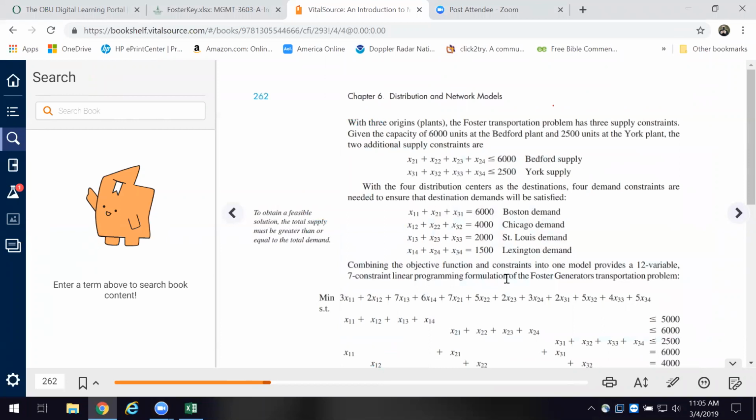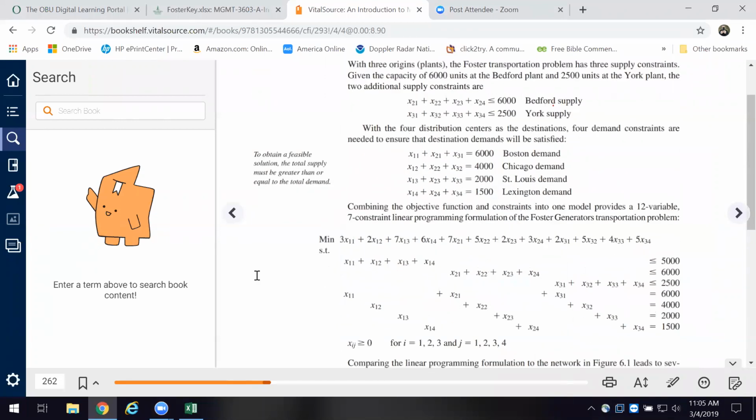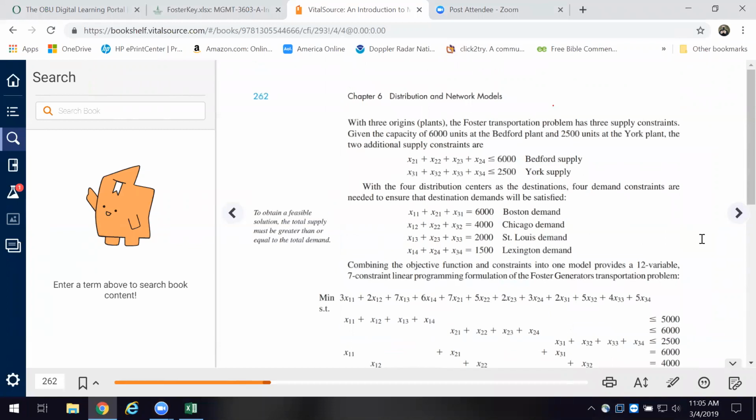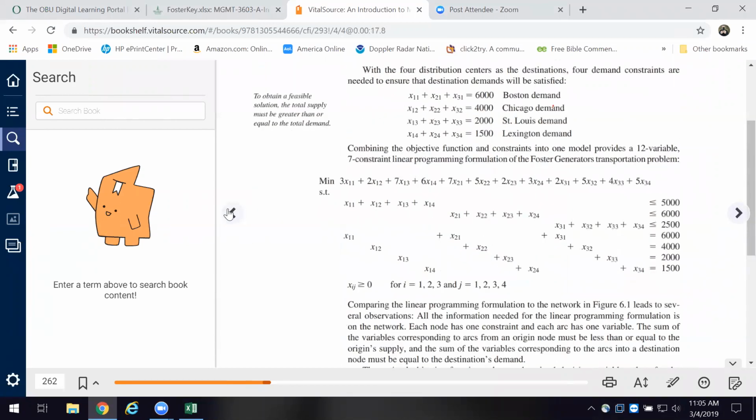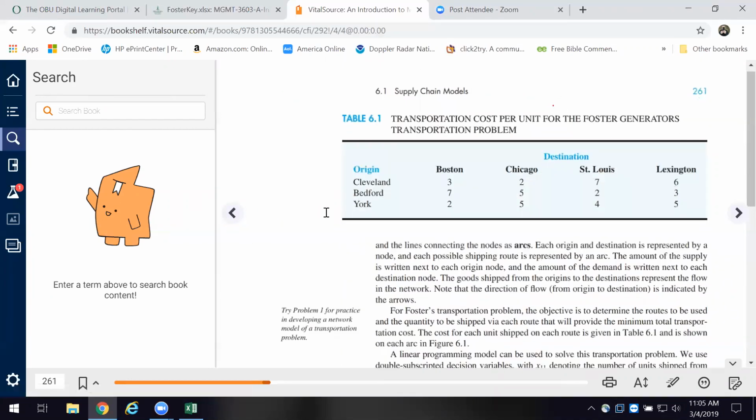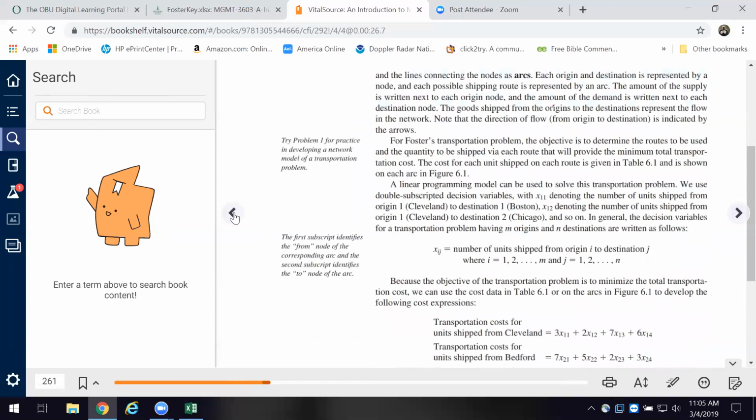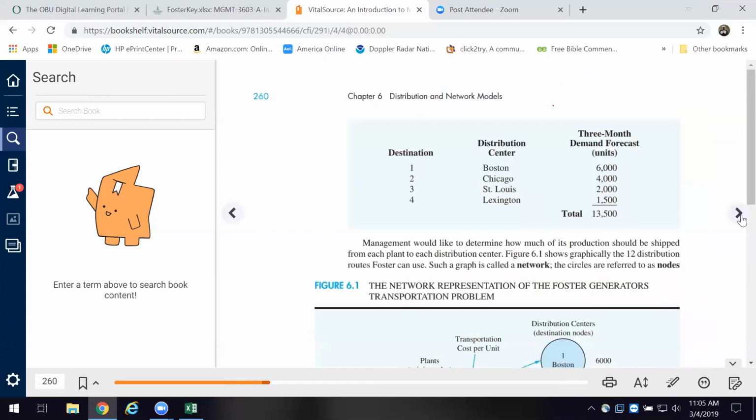Here they had built, we began to build, we identify the objective function, and that's to minimize those costs. And we're shown the supplies in each of these nodes and the demands for those nodes. And to see it, they provide us this graphic over in 6.1. I think it's either behind here. Here it is.